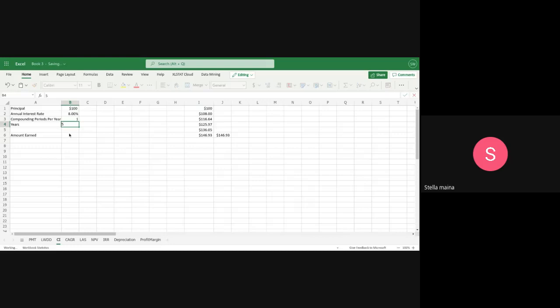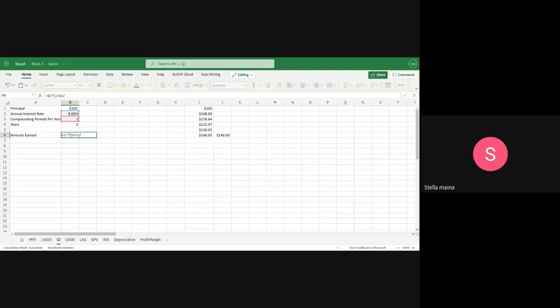And then what is the amount? I'm just going to say it's equal to B1, the principal, multiplied by 1 plus the annual interest rate.